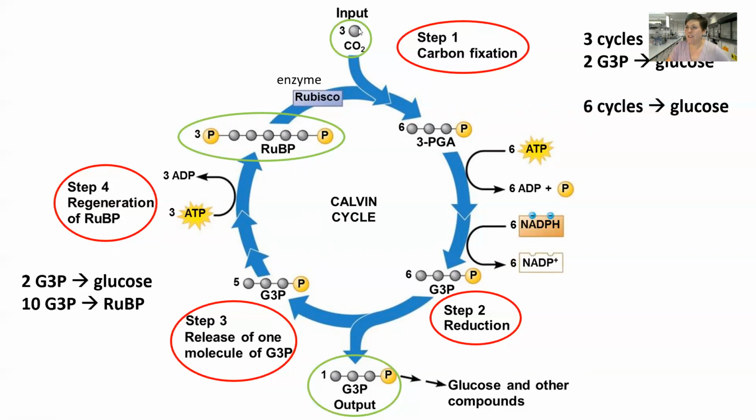What I want you to know is a couple of things. As you can see at the top of the screen, I mentioned that the output of the Calvin cycle is actually not a 6-carbon glucose. The output of the Calvin cycle is actually a 3-carbon molecule called glucose 3-phosphate.